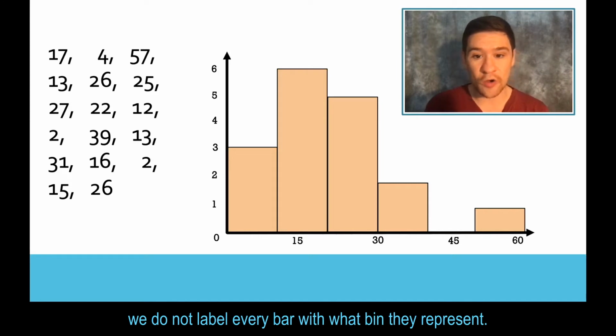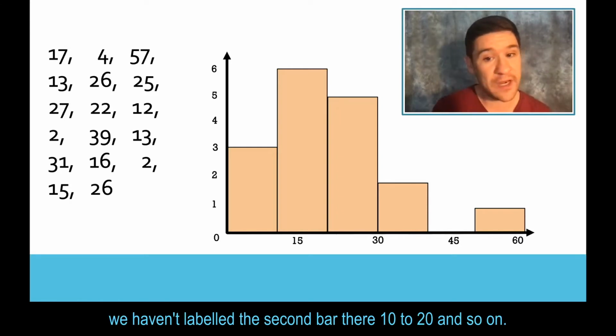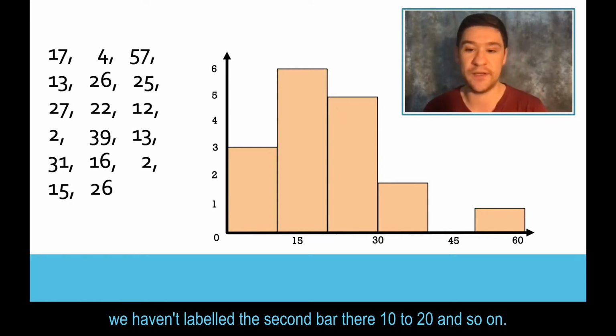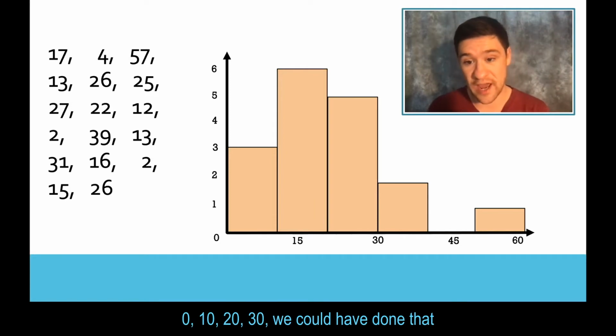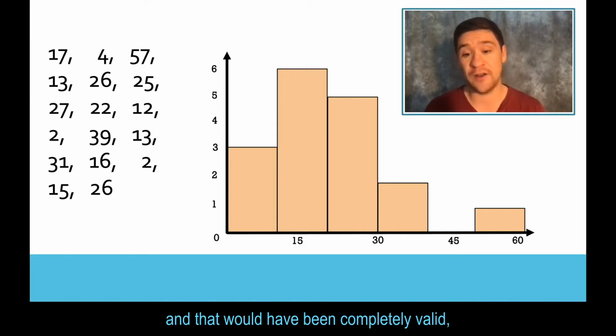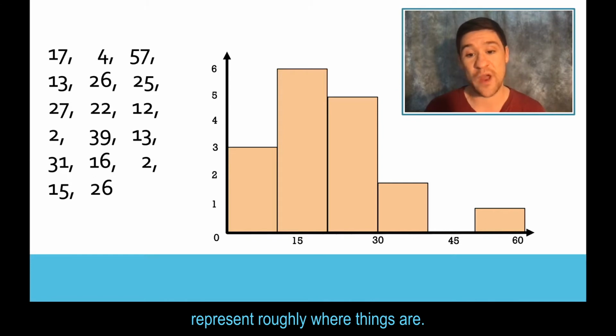We do not label every bar with what bin they represent. We haven't labelled the first bar 0 to 10, or the second bar 10 to 20 and so on. We haven't even just labelled the endpoints 0, 10, 20, 30. We could have done that and that would have been completely valid. But what I've done here is just chosen some equally spaced numbers to represent roughly where things are.